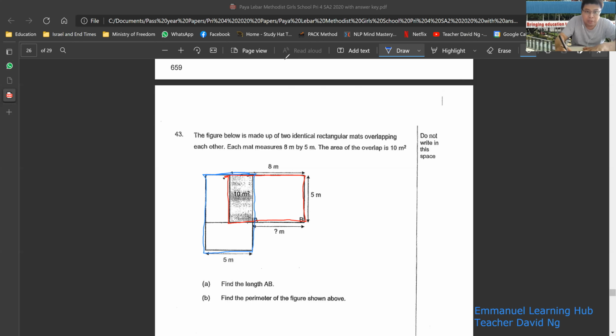You think for a moment, if this part is 10 meters square, and this is 5. Here is 5. You agree here is 5, because here is 5, so here is 5. So here is how many?